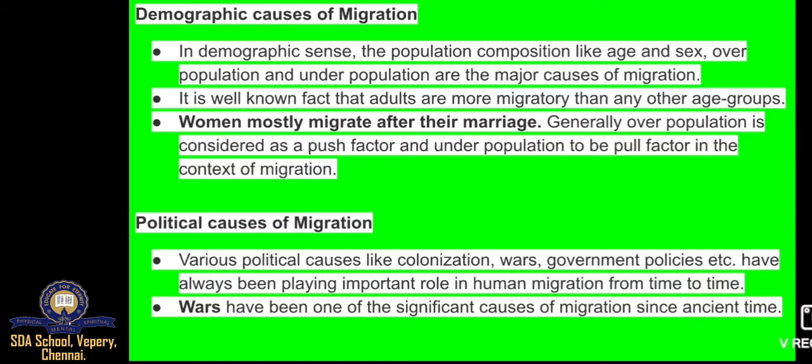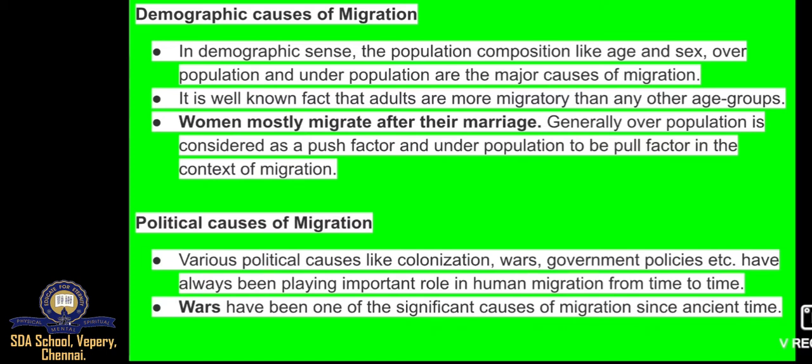And next, demographic causes of migration. In the demographic sense, the population composition like age and sex, overpopulation, and underpopulation are the major causes of migration.